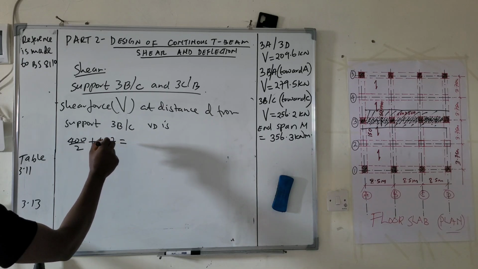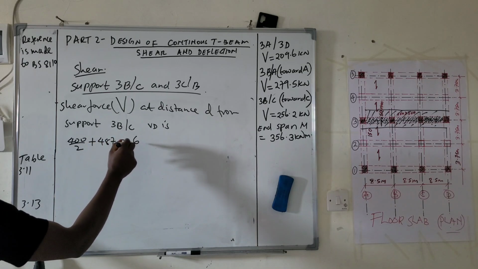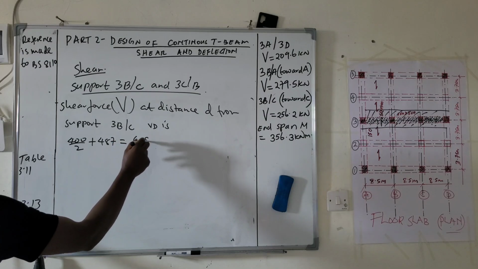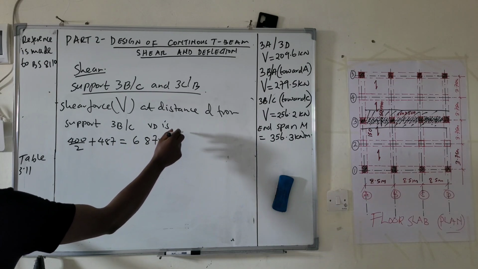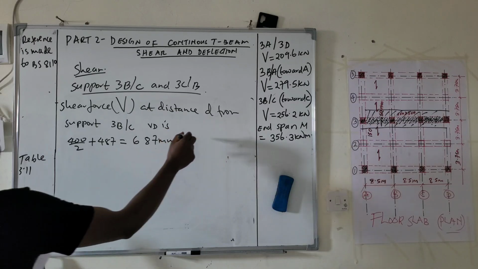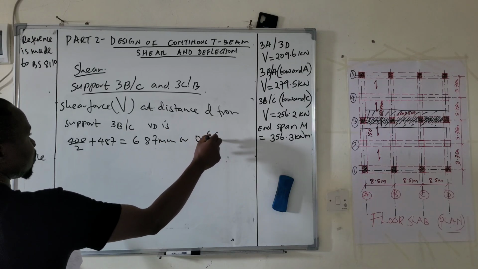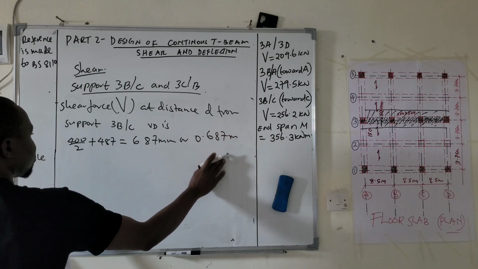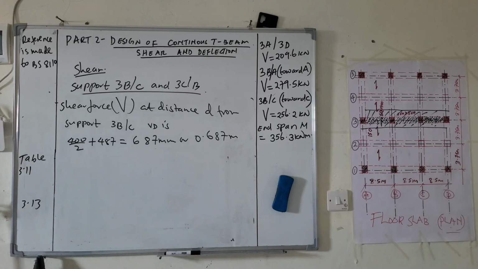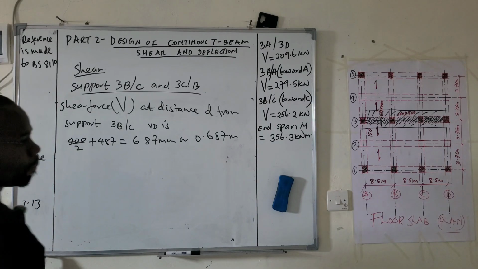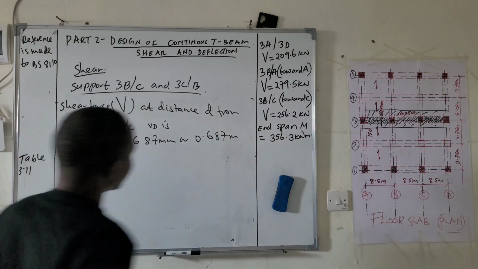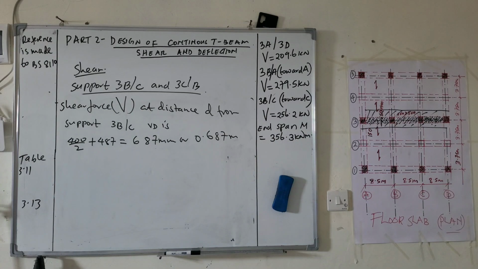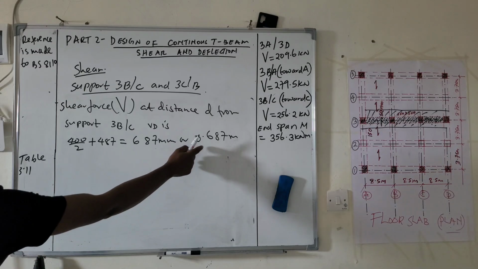So this one is equal to 687 millimeter or 0.687 meter, just the way we did in support 3BA and 3CB. So that is our critical distance for shear.